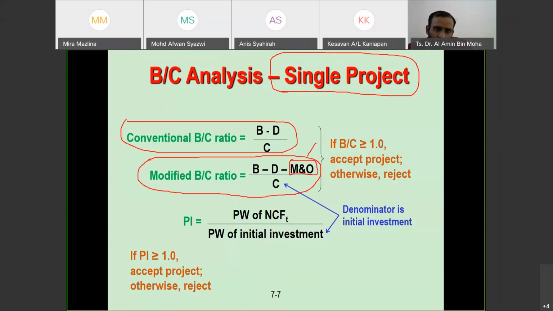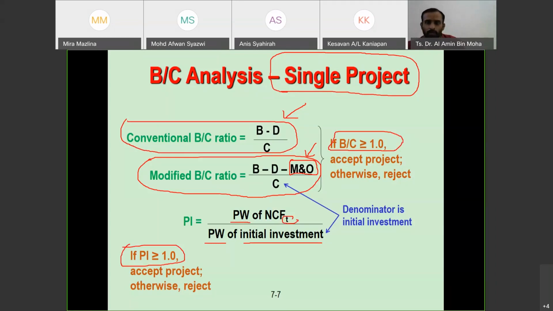If they don't give you information on maintenance and operation, they just give you benefit and cost, then we simply use this. And for profitability index, it's the present worth of the net cash flow based on the time given, together with the initial investment. Basically, we accept if it's greater than 1 for both cases.